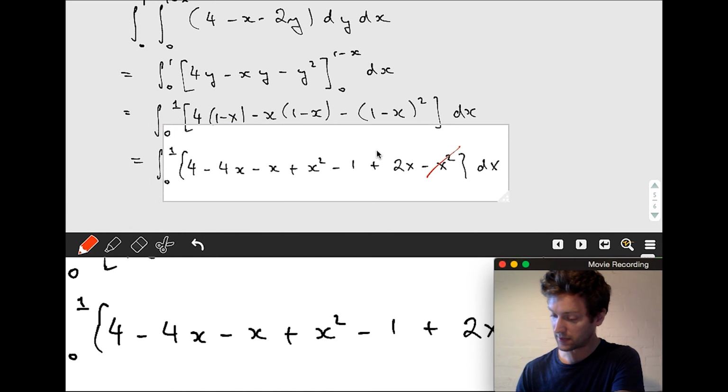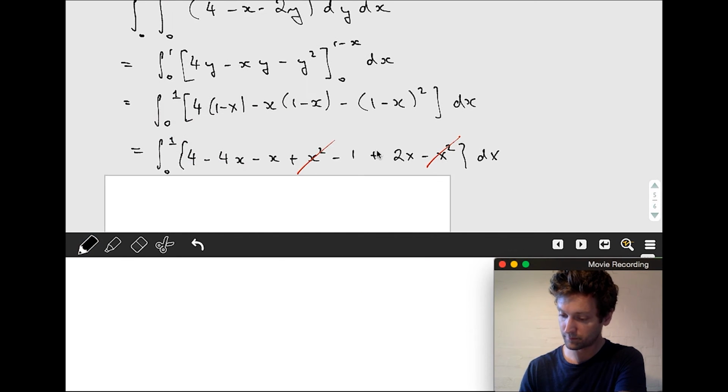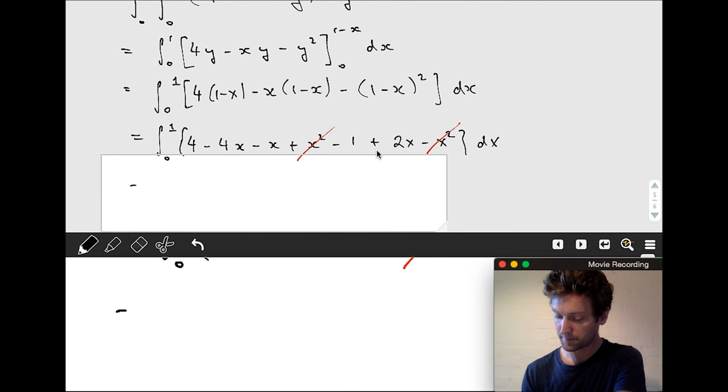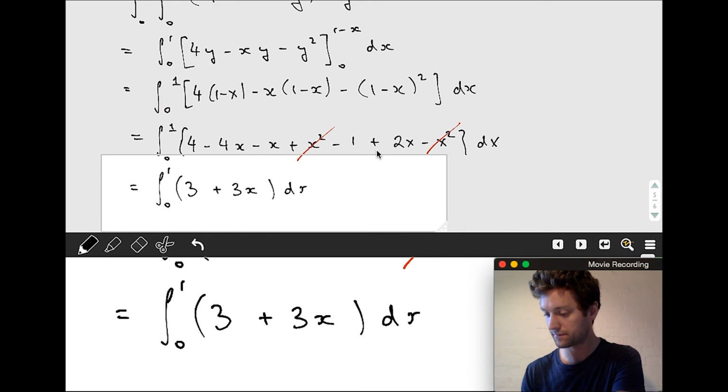The x squareds cancel out. So I'm left with the integral from 0 to 1 of 4 minus 1 is 3, minus 4x minus x plus 2x, that's going to be plus 3x dx.